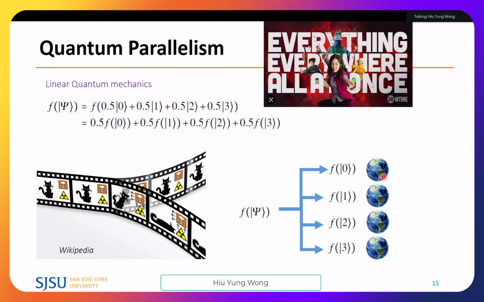Some people may say it looks like we have a parallel universe, but it's true that everything happens everywhere at once if you apply this function to it. So you can feel that if we can make a superposition, if we do it right, we can do parallel computation with one single copy of hardware. That is very important. We are not having multiple copies of hardware.